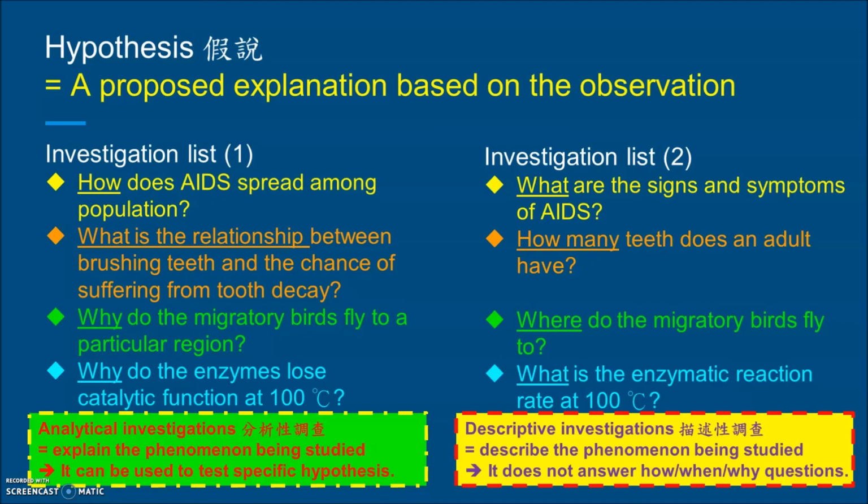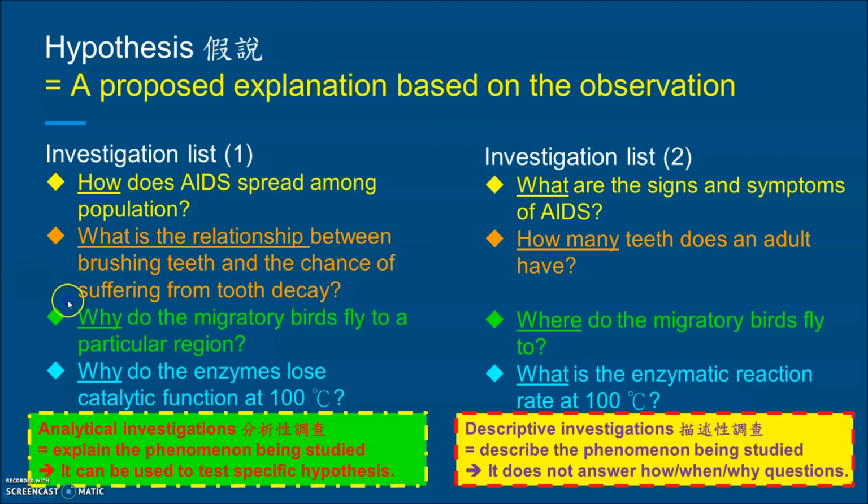But some people may think, no, I propose that if we do not brush our teeth regularly, we may have a high chance of tooth decay. So who is correct? The method is very simple. Do the experiment. We do the investigation and then we shall know which hypothesis is correct, right?